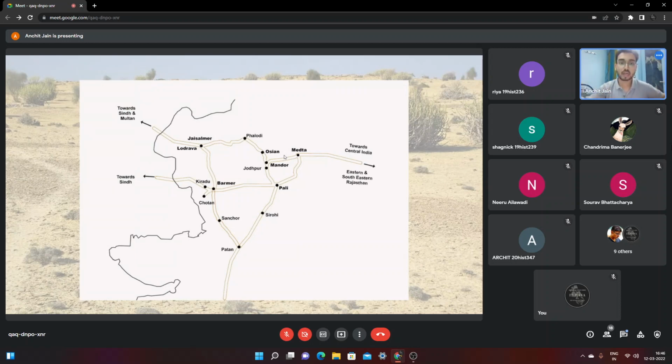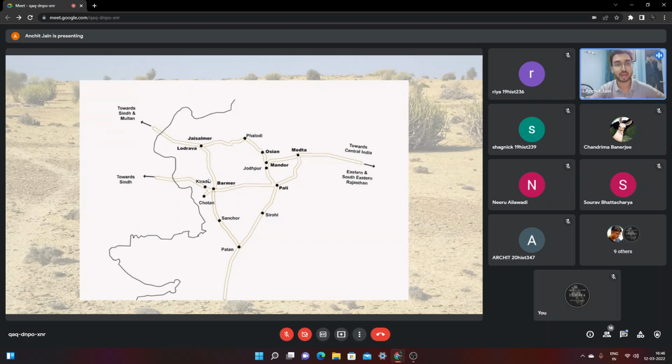For example, this route across Osian, from Mandor to Osian to Jaisalmer, was definitely important from the 7th and 8th century. By around the 10th and 11th century, the route across Badmer became more important, and certain new routes emerged. So definitely there were prolific economic activities going on.